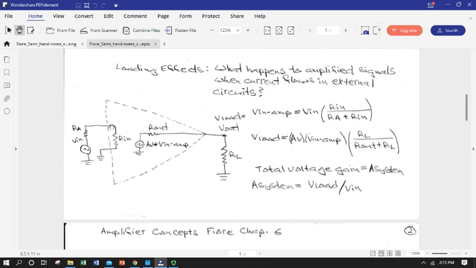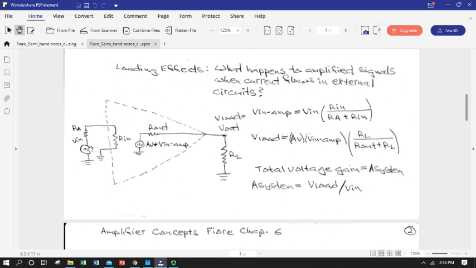So one thing to notice is we've now created two voltage dividers. Our input voltage is now going to divide over R source and R in. So the voltage input to the amplifier isn't going to be all of Vin like we'd like.